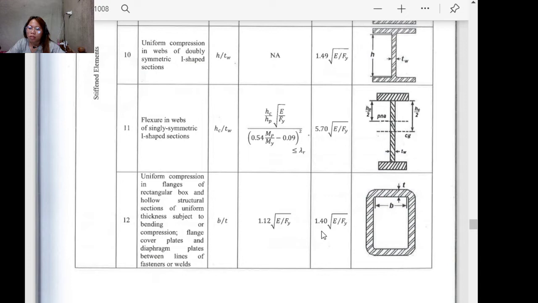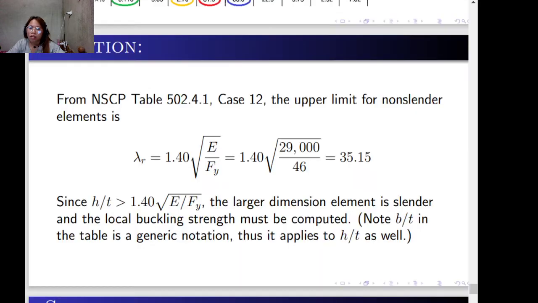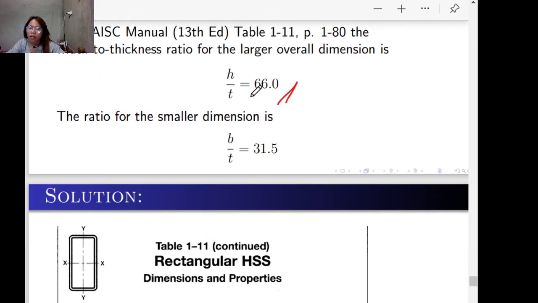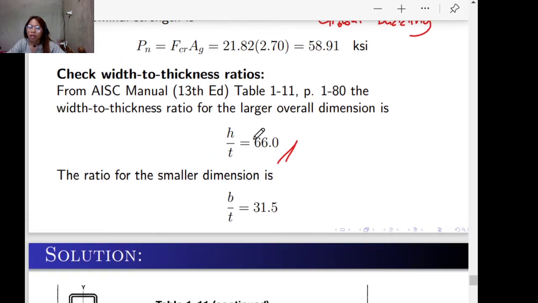If it is less than or greater than this 1.40 square root of E over Fy, compare it with the B over T, no? Since we already got the B over T, which is actually the same as H over T, the larger dimension will govern, no?